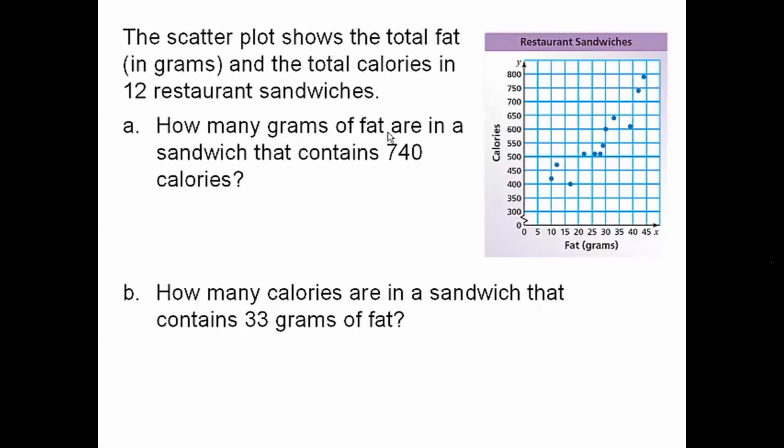So let's try to interpret this scatter plot. How many grams of fat are in a sandwich that contains 740 calories? What we know is that the sandwich contains 740 calories. Calories is on the y-axis, so we find one point between 700 and 750 that looks like it is the point for 740 calories. So we use this point to find how many fat grams are in the sandwich.